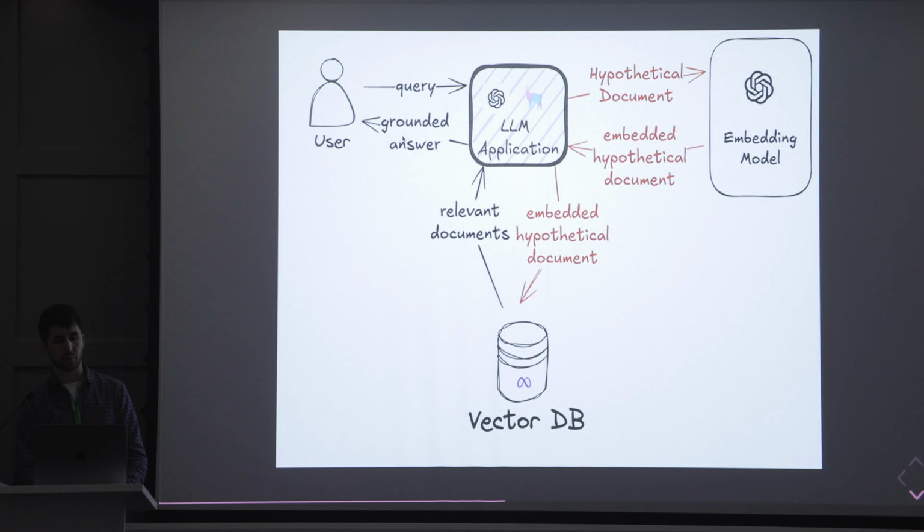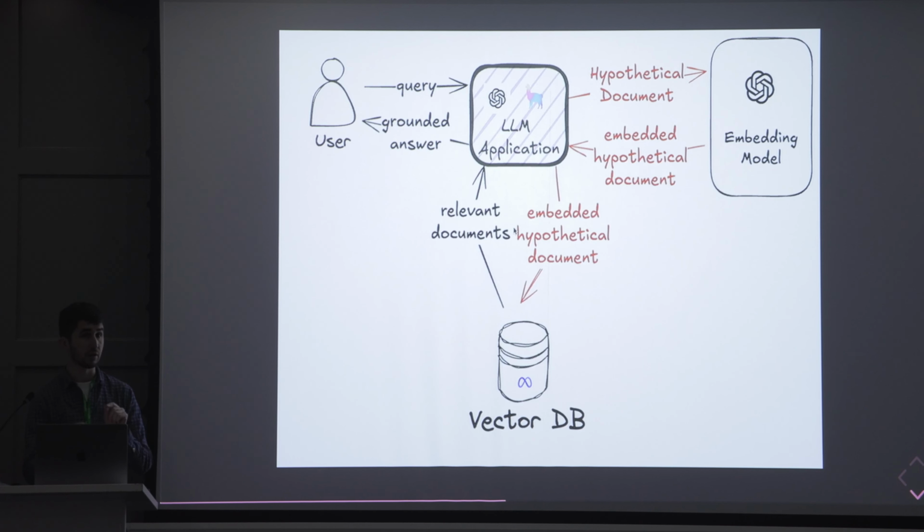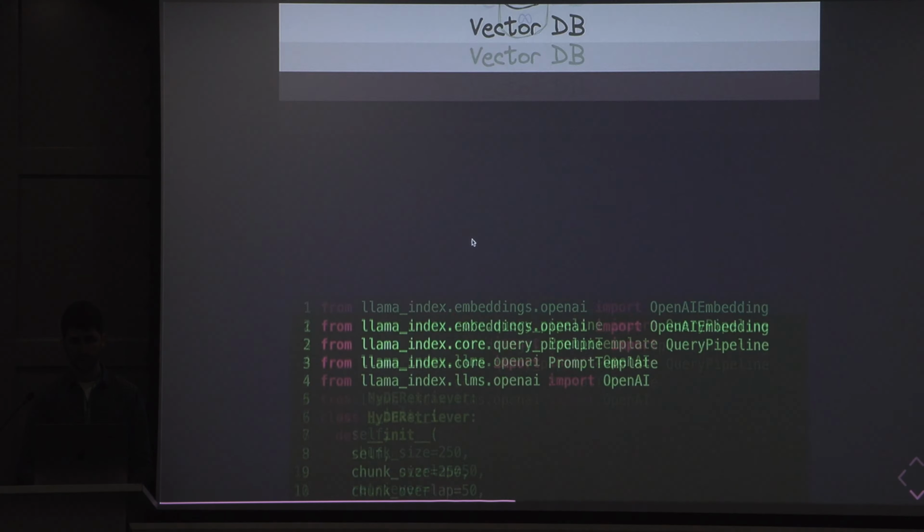A user generates a query, then the LLM application will send a hypothetical document that was generated by GPT-4 to an embedding model. And the embedding model will return the embedded hypothetical document back to the LLM application. And then we will search for documents that look like that document in our database. Then together with those documents, again, as before, we will send the grounded answer back to the user.